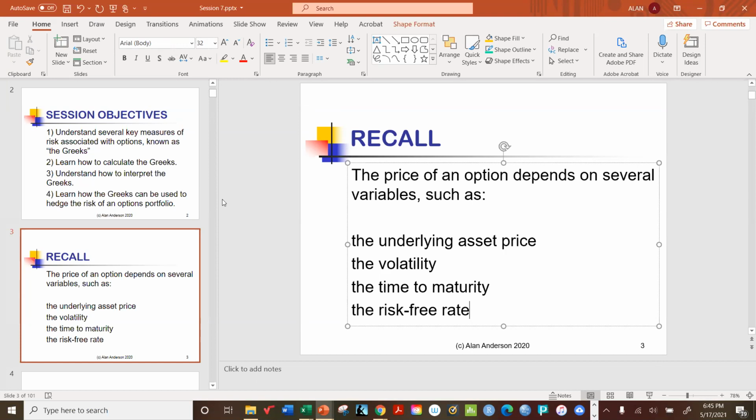So if any of these changes, the value of the option will also change.